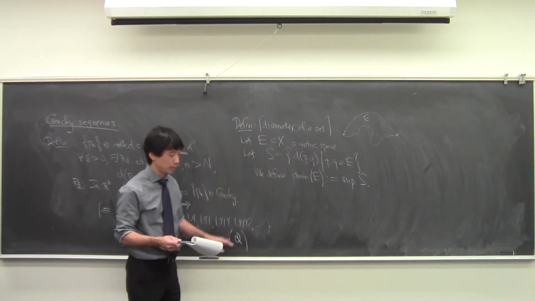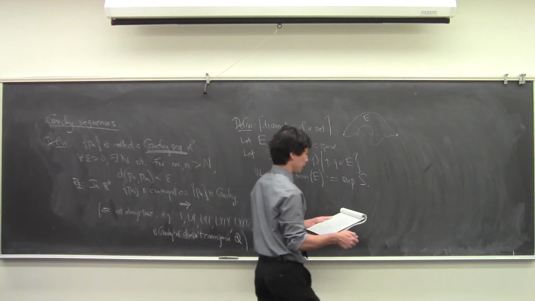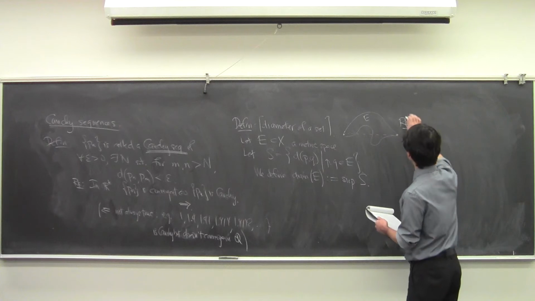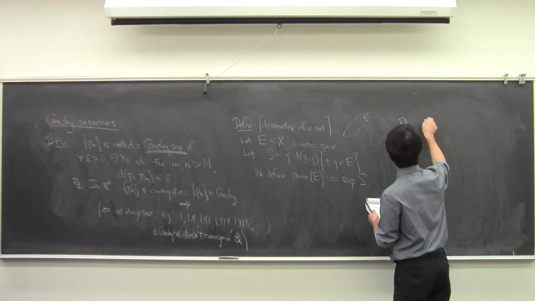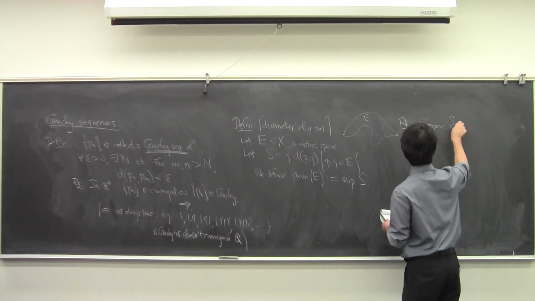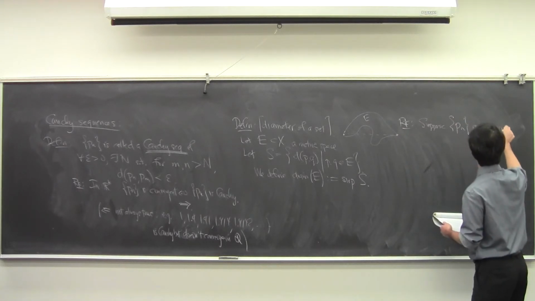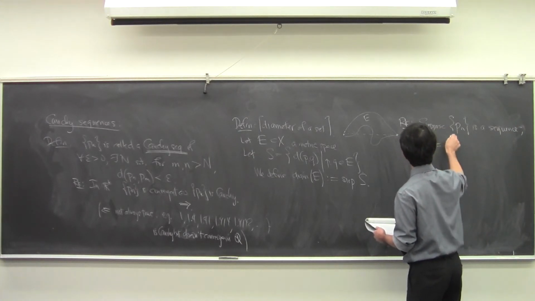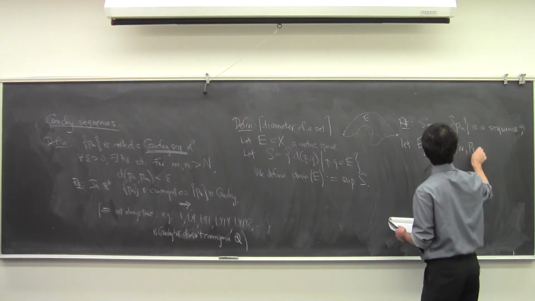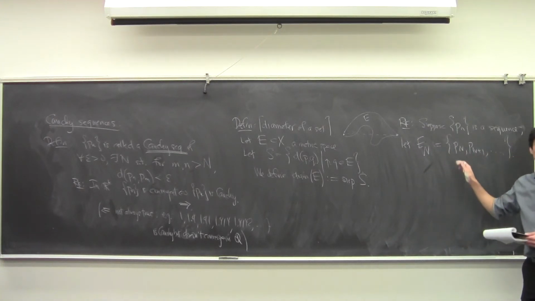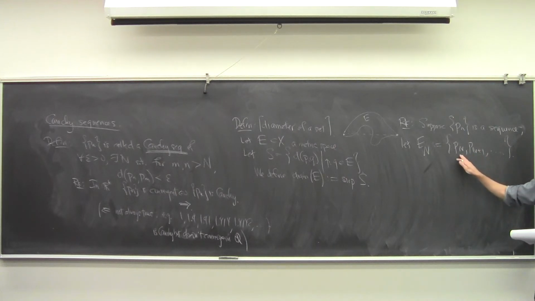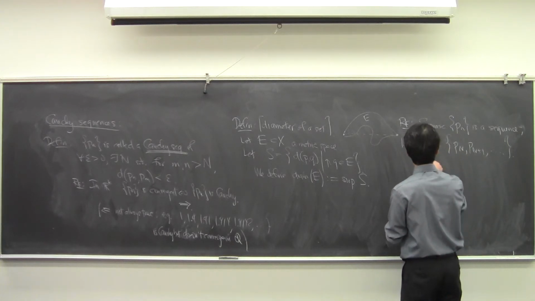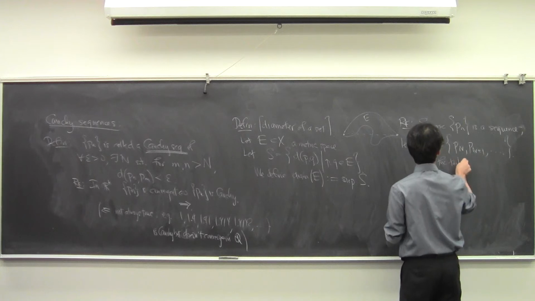Suppose we have some sequence, and we let E sub capital N be all the elements of your sequence past that point N. This is the tail of the sequence.